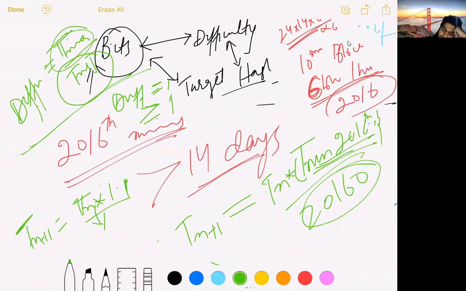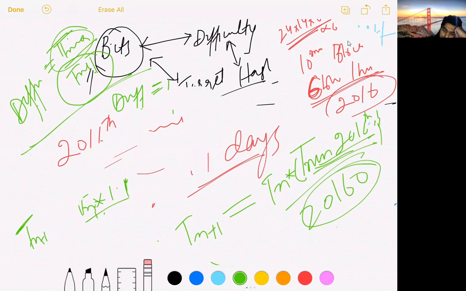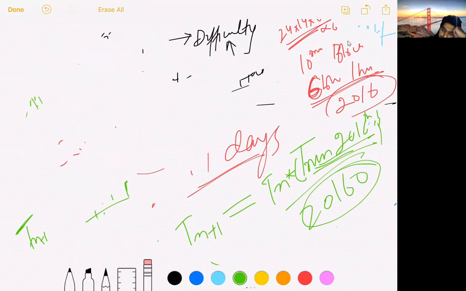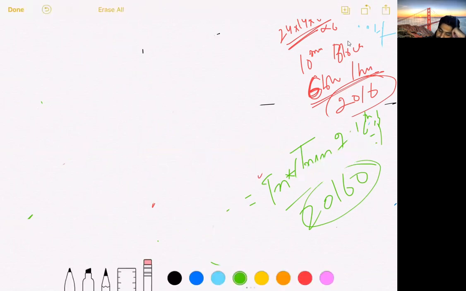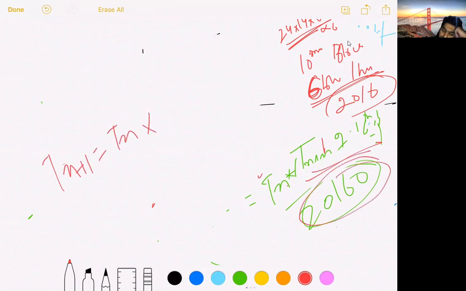Another scenario: what if it is taking less than 14 days? Then this will be a lesser value, and since it will be less than 14 days, this value will be smaller and it will be less than 1.